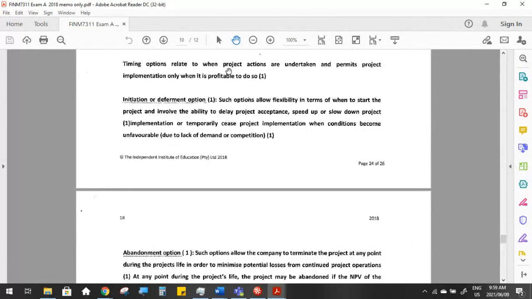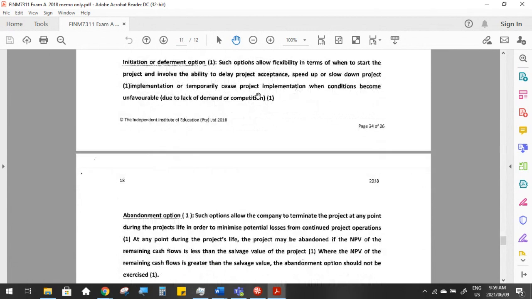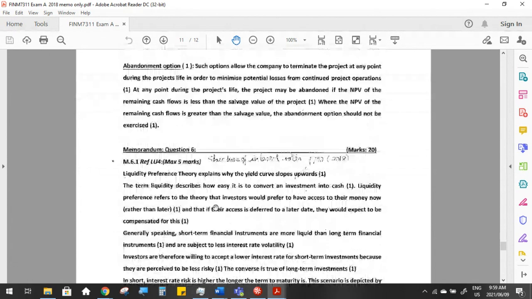Timing options relate to when project actions are undertaken and permit project implementation only when it is profitable to do so. So there is the initiation or deferment option, and there is the abandonment option. So a mark each for naming the 2 options, a mark for explaining what timing options are, and then 2 marks for expanding on the explanation of each of those different options.